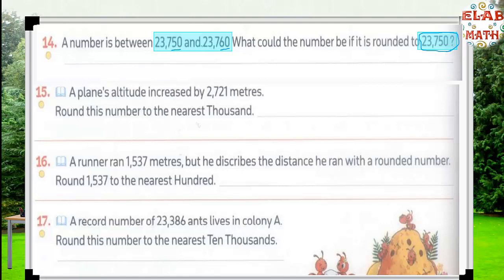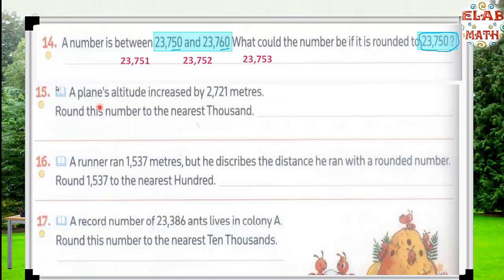That means the number between them should have in the ones place any number less than 5, like this. 23,751 or 52 or 53, 54 and so on. And you should not put a number in the ones place more than 5.